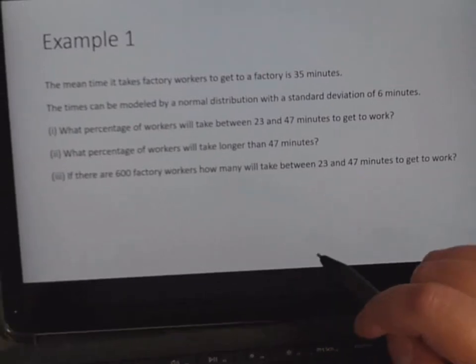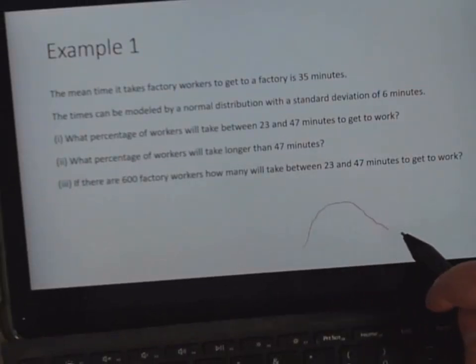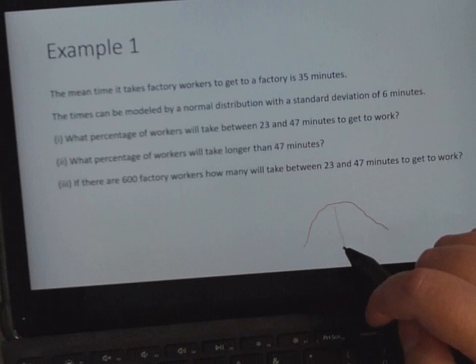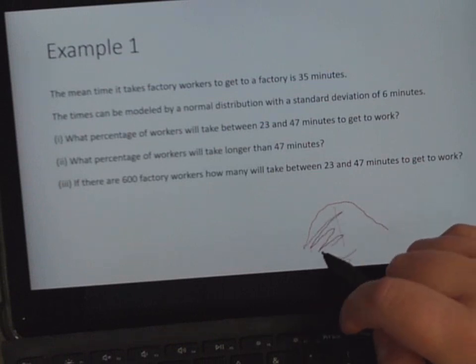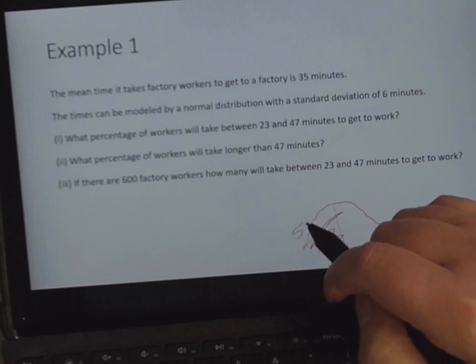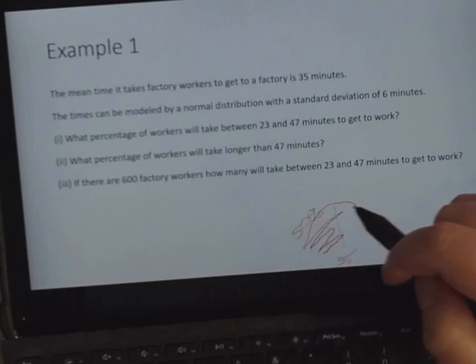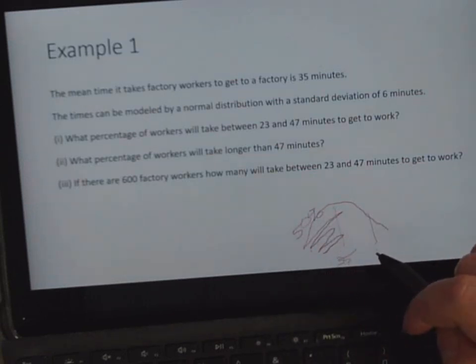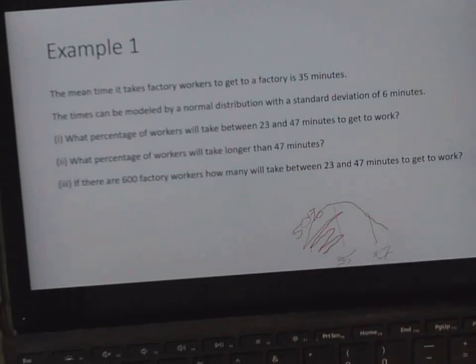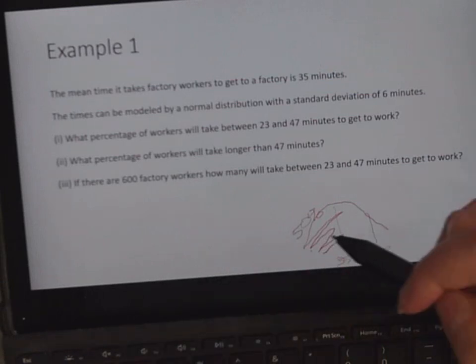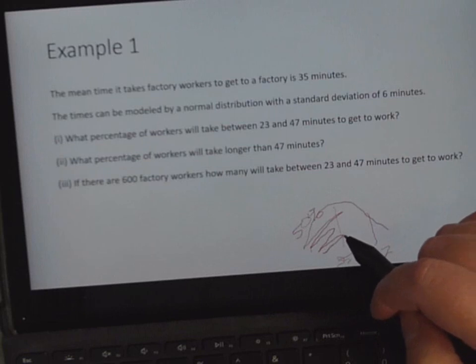What that means is, we know up to 35 that's 50%. Up to 47, we know it's 2 standard deviations, and 2 standard deviations would be 95 on both sides. So half of 95 is 47.5.